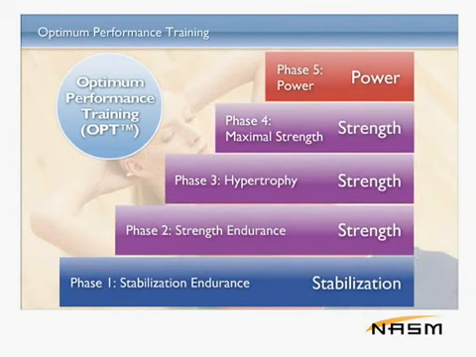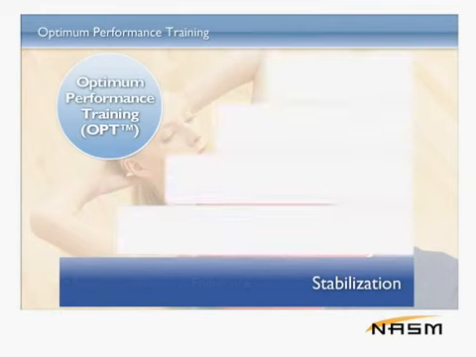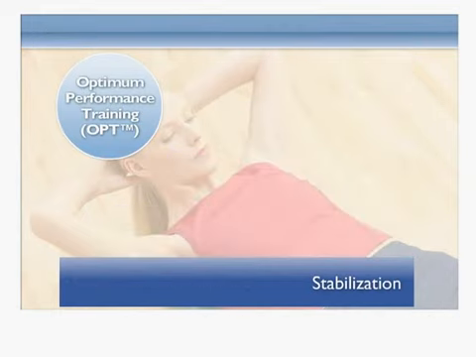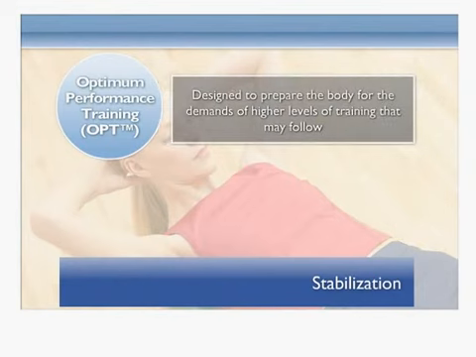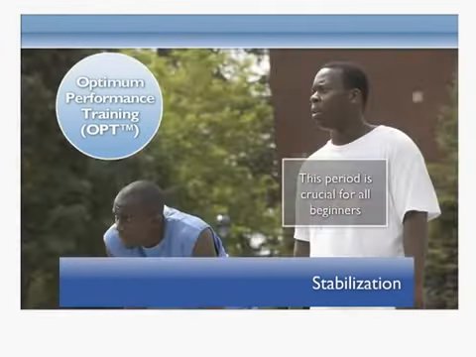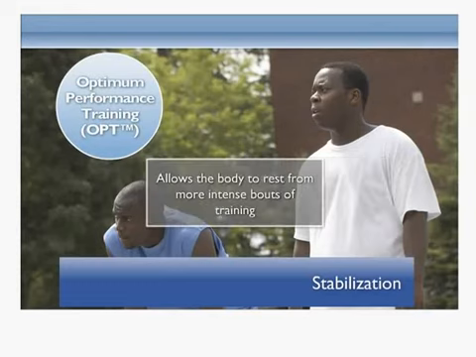The first level of training in the OPT model focuses on the main adaptation of stabilization, or anatomical adaptation, and is designed to prepare the body for the demands of higher levels of training that may follow. This period is crucial for all beginners. In addition, it allows the body to rest from more intense bouts of training.